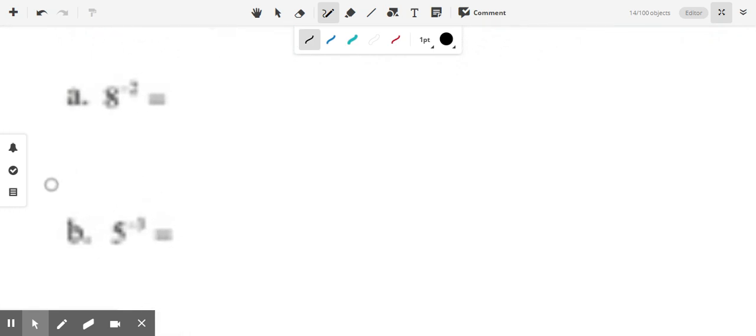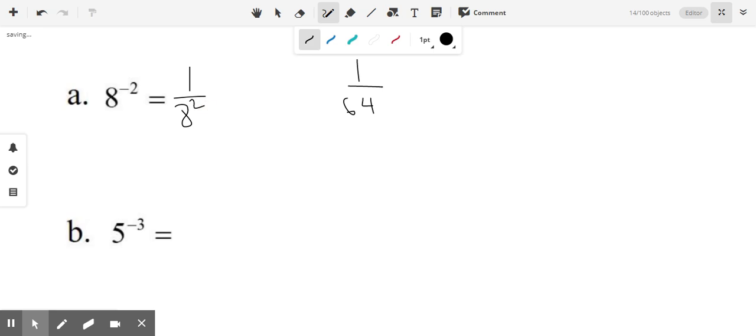All right, so here's just some of these to simplify. Now, if it is a number raised to a power, you can just punch it in the calculator. If I have 8 to the negative 2 power, I get 1 over 64. The calculator tells me it is equal to 1 over 64. Well, how did it get 1 over 64? Because that's negative, I've got to move it to the denominator.